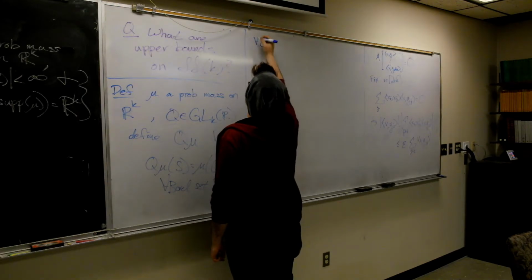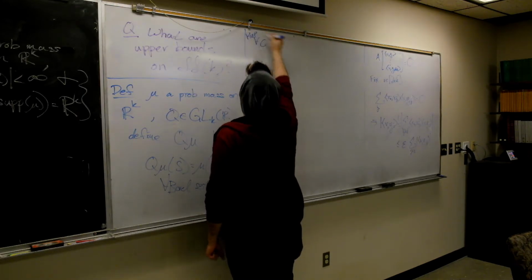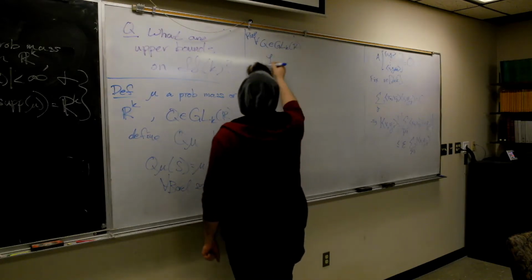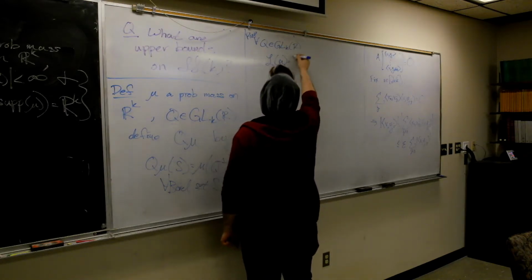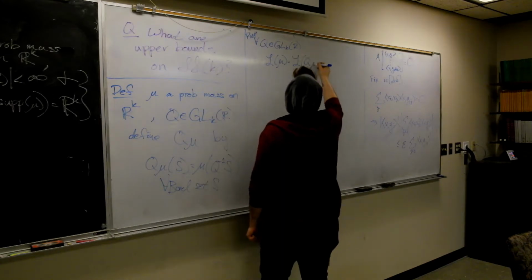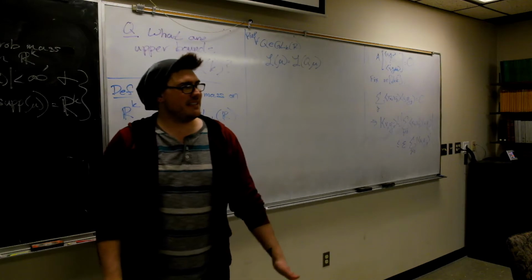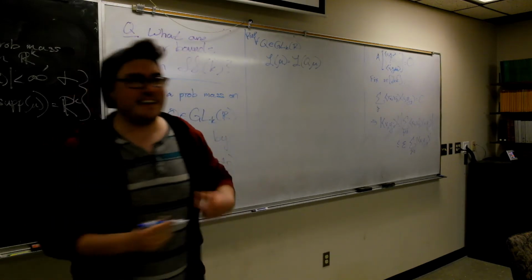So for every general linear transformation Q, L of mu is always going to be the same as L of Q mu. And this is fairly simple to see. Just write down the definition.